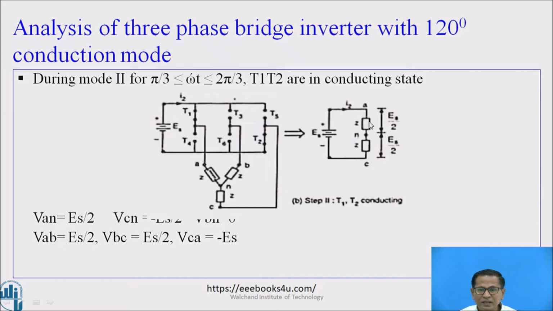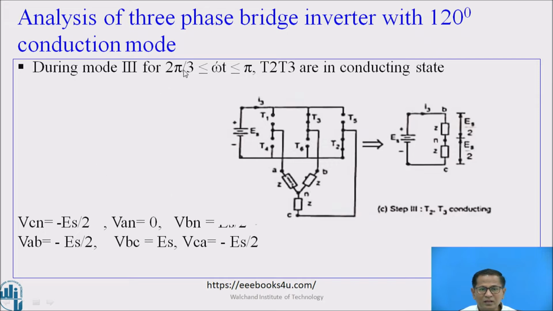Therefore, here VAN is equal to plus ES by 2, VCN is equal to minus ES by 2 and VBN is equal to 0. And the line to line voltage VAB is equal to ES by 2, VBC is VBN minus VCN, which is plus ES by 2, and VCA is VCN minus VAN, which is minus ES.